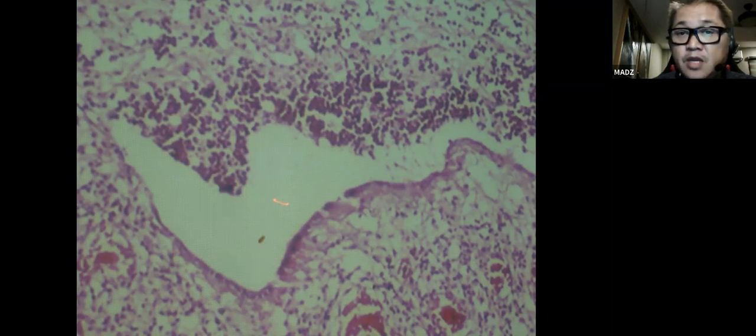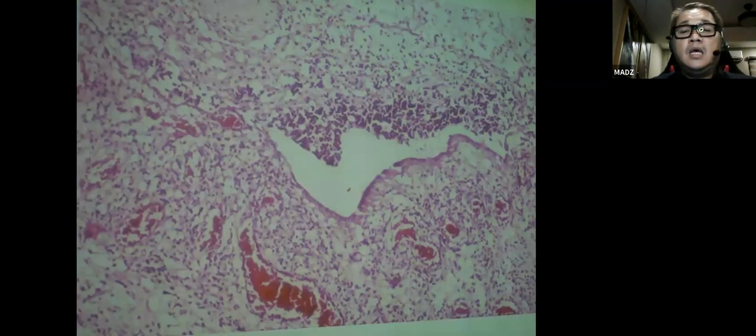Again, at low power field, you see in the tissue a lot of polymorphonuclears, meaning there is also inflammation of the brain tissue. Okay, this is suppurative meningitis with ventriculitis.